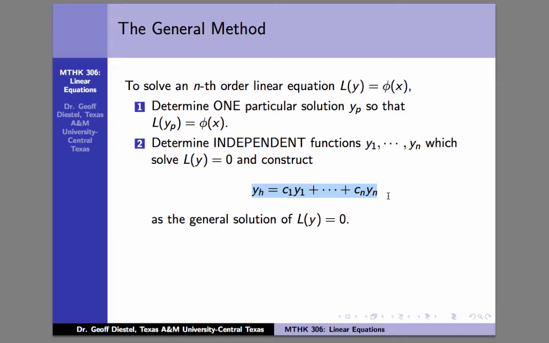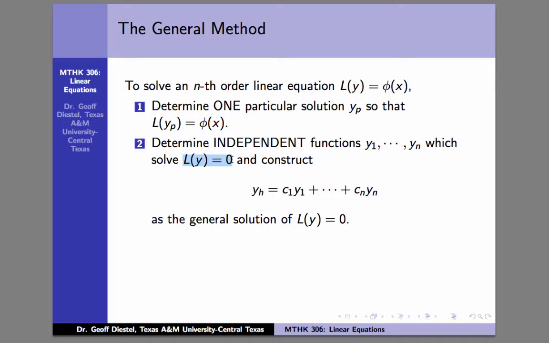And because it's a linear operator, I can think of it as just looking at L applied to each of these terms individually and then adding them up. But they're all equal to 0, so the sum is 0. So this y sub h is going to be the general solution of the homogeneous equation, and these unknown constants, c1, c2, up through cn, are playing the role of the constant c that we had in the first order equations. We need some initial conditions to determine them.